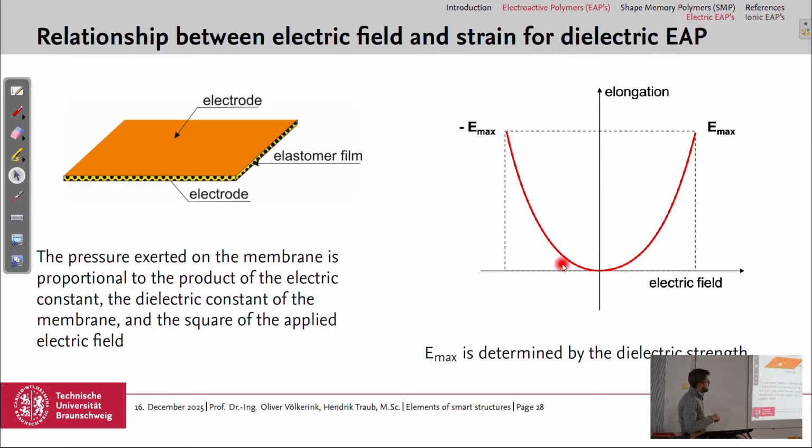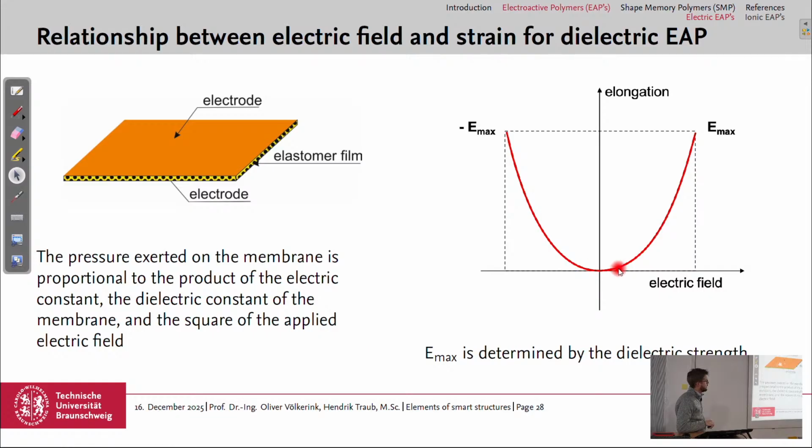And here we have the same diagram again, the blue curve, now with only one line. The pressure on the membrane is proportional to the product of the electric constant and the dielectric constant of the membrane and the square of the applied electric field. So it is a squared function, the electric field versus the elongation.